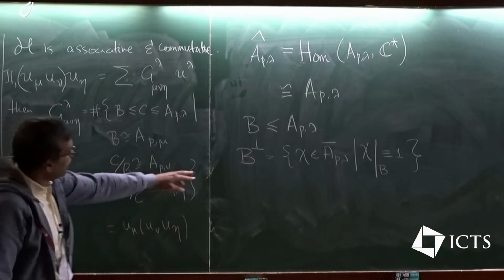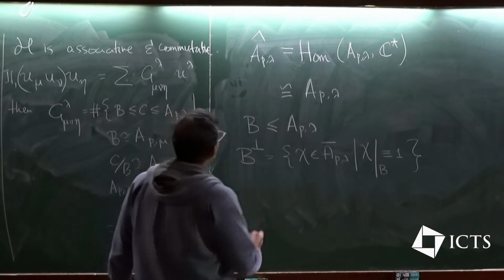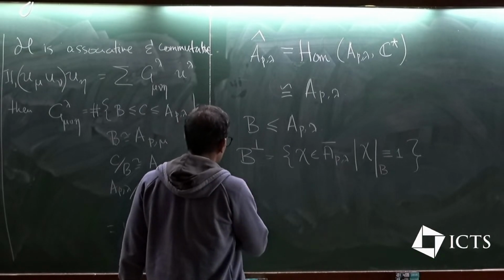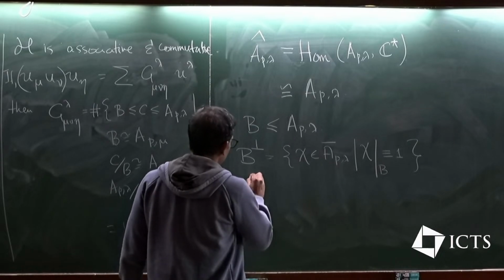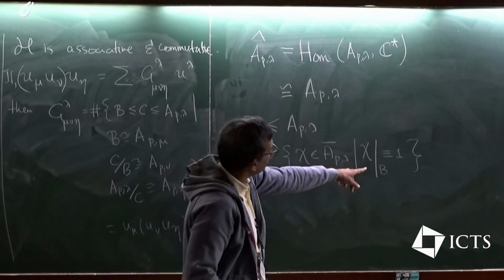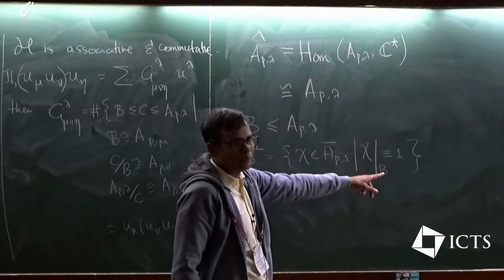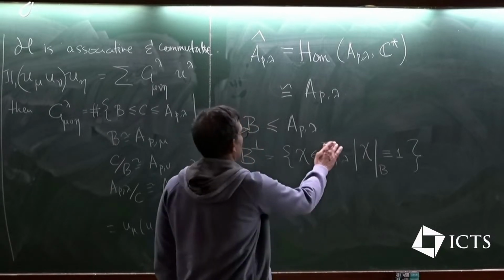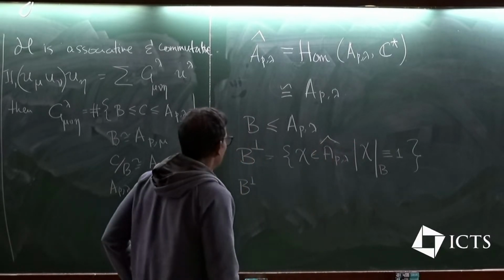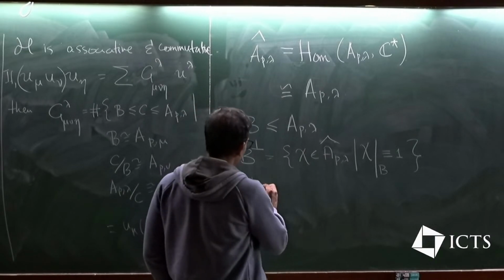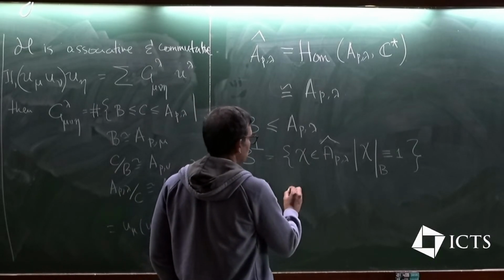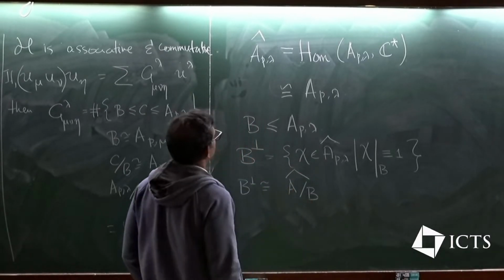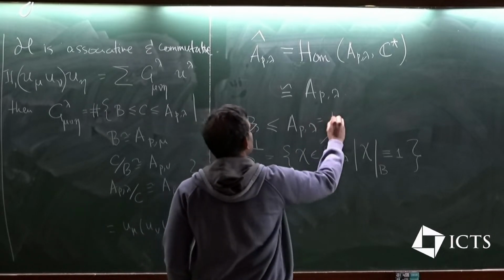Okay, so B perp is just the annihilator of B, and so what you show is that B perp, well, these are the characters which vanish on B, so these are characters on A mod B, right? A hat, not perp. So B perp is isomorphic to the Pontryagin dual of A mod B. A is AP lambda, let's say.